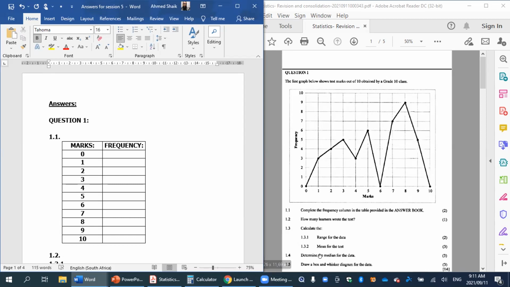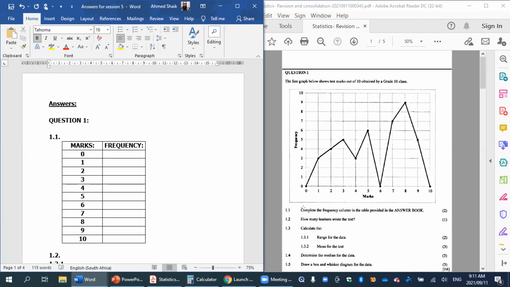If you're looking at 1.1, let's first read the question. It says the line graph below shows the test marks out of 10 obtained by a grade 10 class. We can see the line graph, with the y-axis labeled as the frequency and the x-axis labeled as the marks.